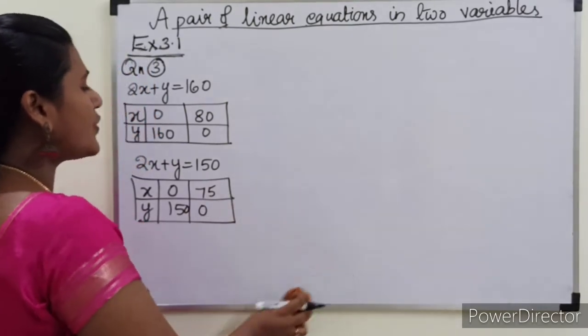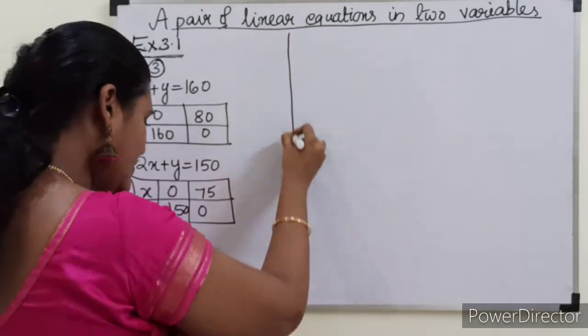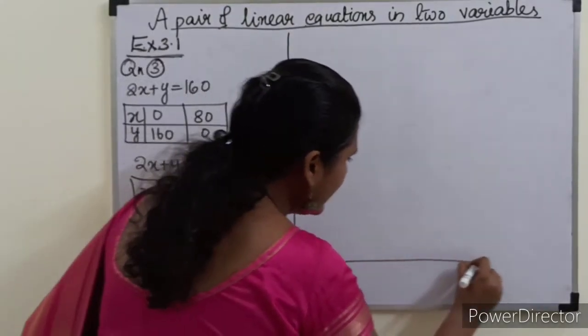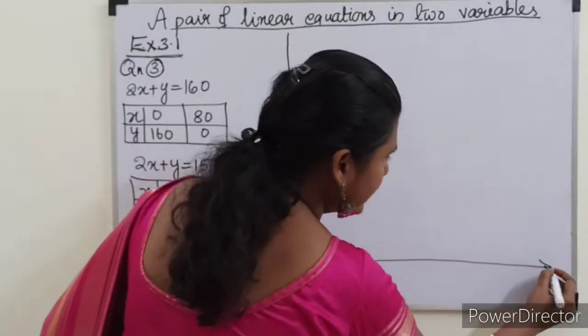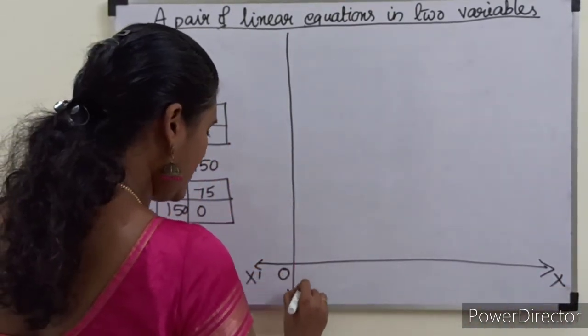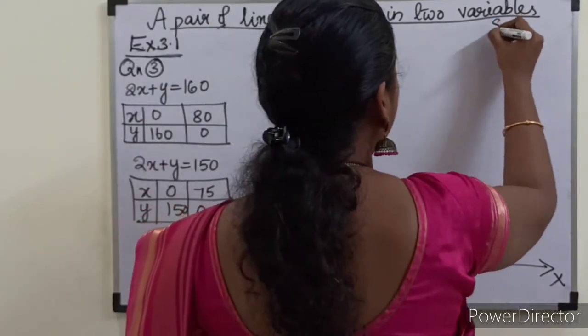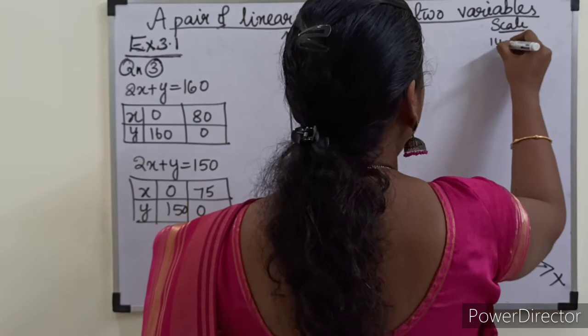Now we are going to draw. Here also, the values are bigger, so we will take a scale. This is x dash, this is the origin, y dash, y. Here the scale we will take is 1 unit as 20.